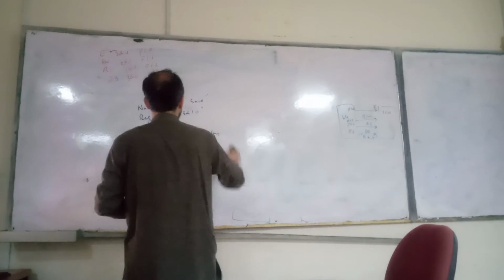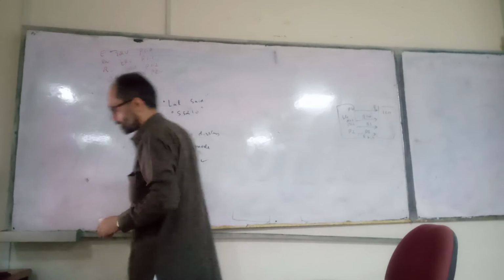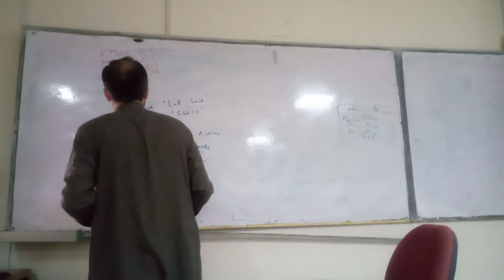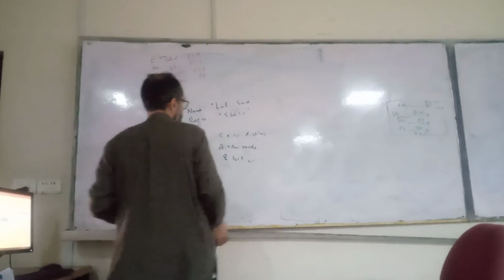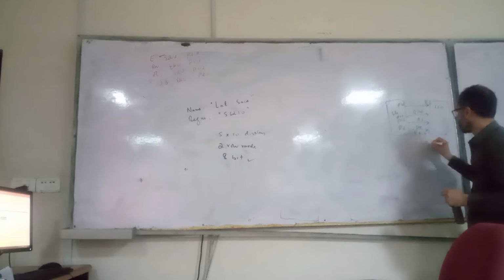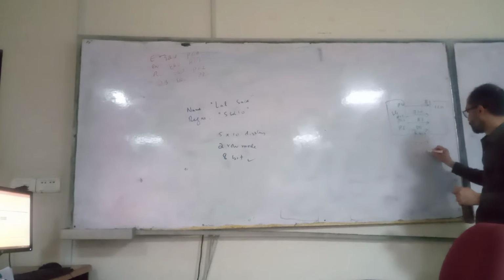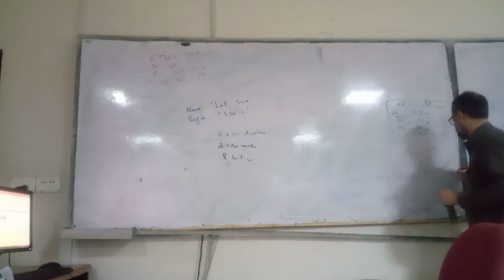So now we want to initialize the program. This is our description; start writing it on the left side. Here we configure 5 cross 10, 2 row, 8-bit, Lal Seth and the registration number, whatever your registration number is.